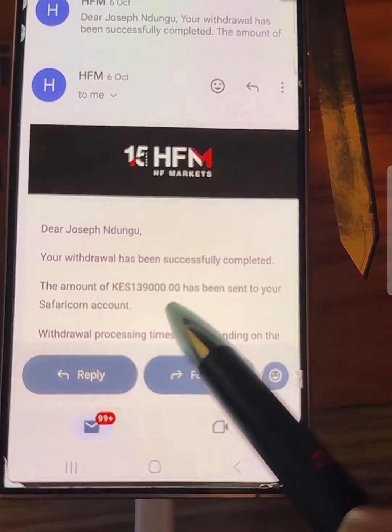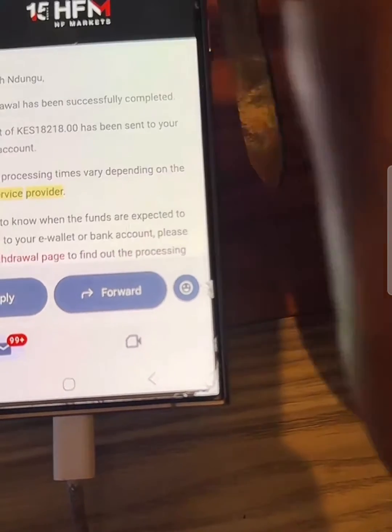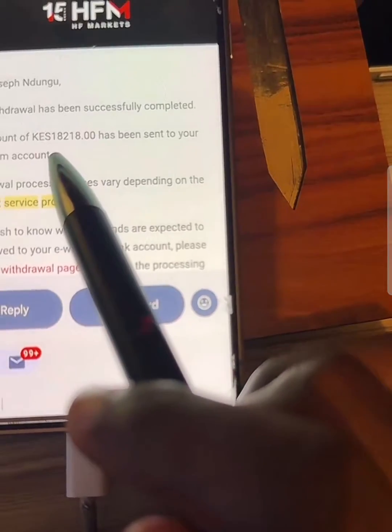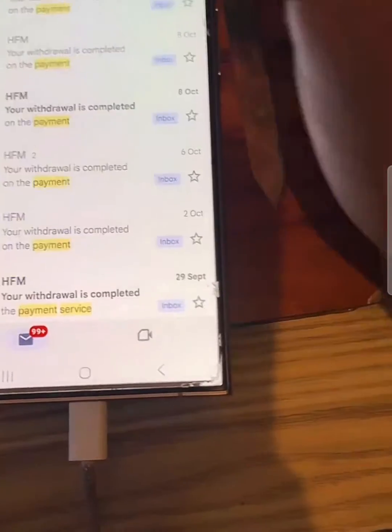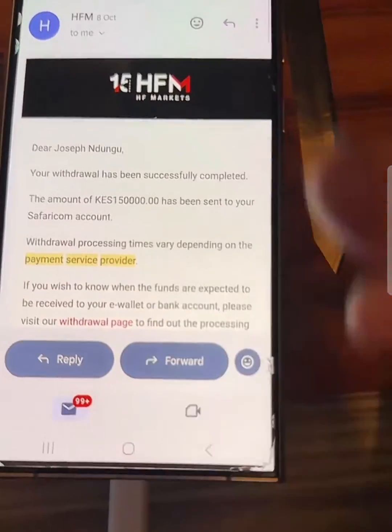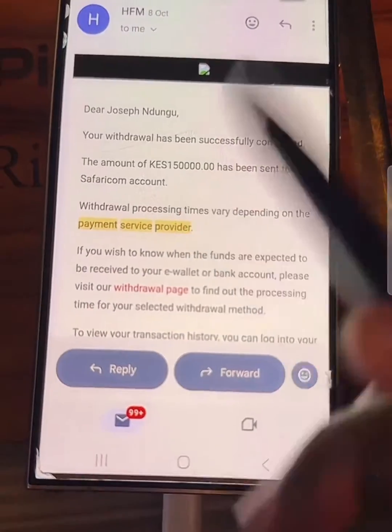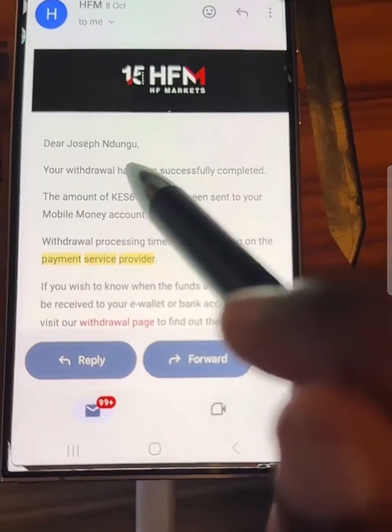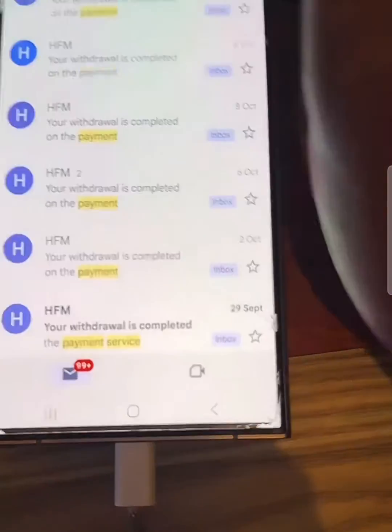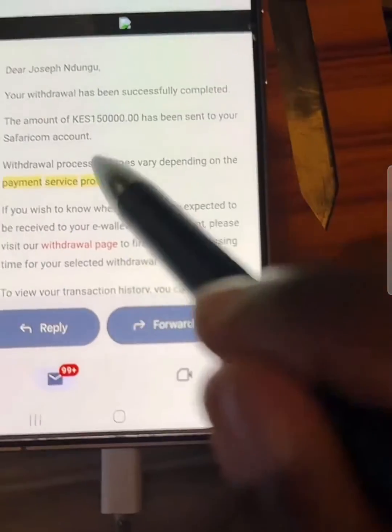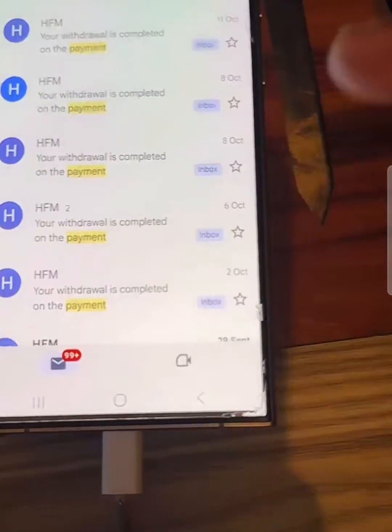After date 2, date 6. Date 6, how much do you see? 139. Date 6 I withdrew twice. This one is 18k. Date 8 was twice. 150k. Then there's this one, 6,000, which was for buying maize. Date 11, 150.